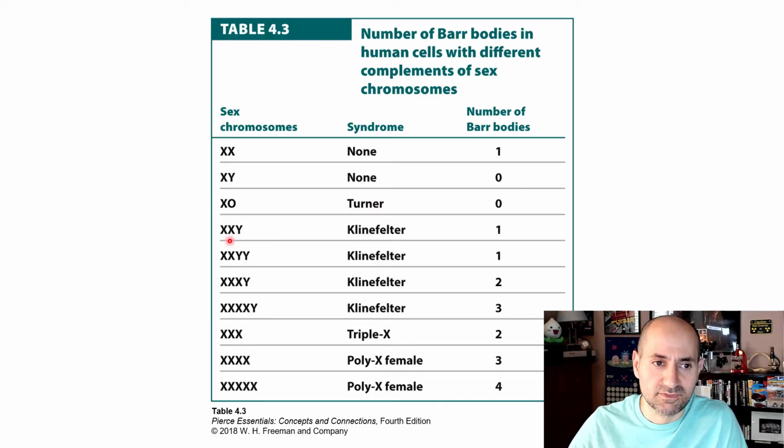If you're Klinefelter with one extra X, you have one Barr body. Klinefelter with one extra X and an extra Y, you have one Barr body. Klinefelter with 2 extra X's, 2 Barr bodies, and so on and so forth. You see, it doesn't matter how many X's you have, all but one gets inactivated and becomes a Barr body.